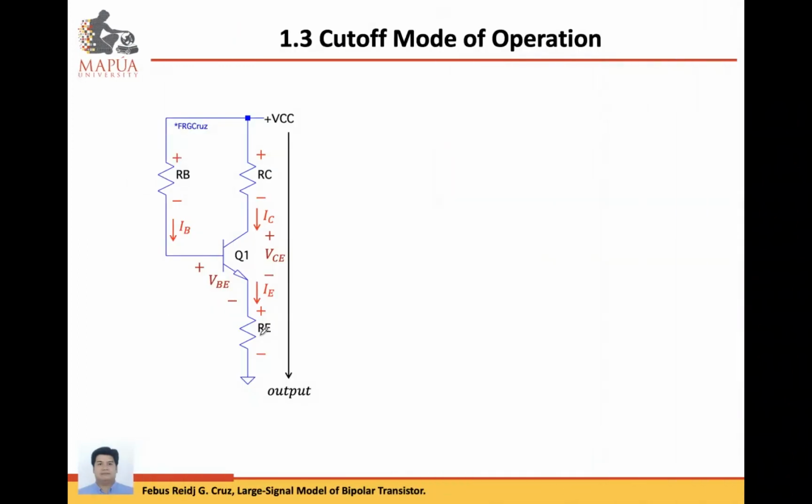Now for the cutoff mode, again, we are going to use the voltage at the output. And we are going to apply the cutoff condition. In the cutoff operation, base emitter junction is reverse biased and the base collector junction is also reverse biased. When you have reverse bias, the internal resistance becomes very, very high.